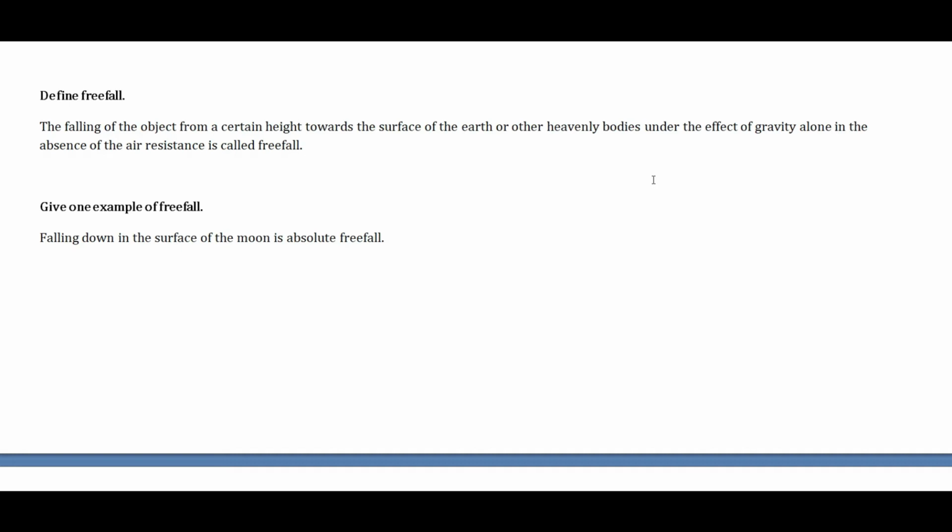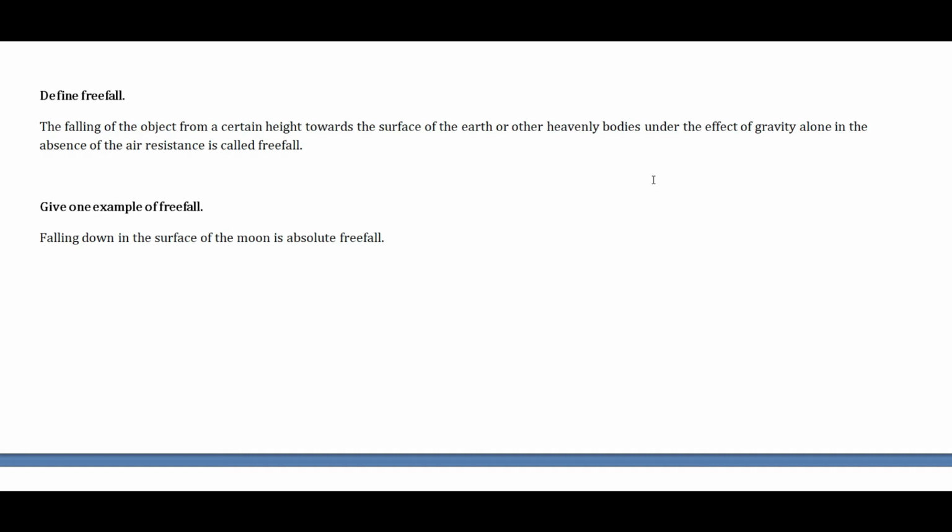That means if air is present, then we cannot say that is free fall, because in this case the air resistance acts in an upward direction on the object when the object is falling in a downward direction. So for free fall, the most important requirement is that there should be complete absence of air and air resistance.